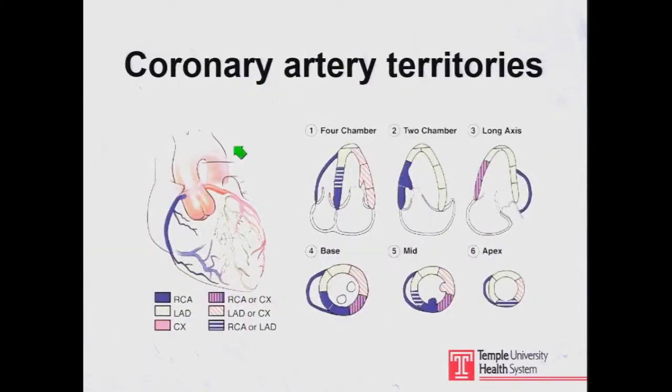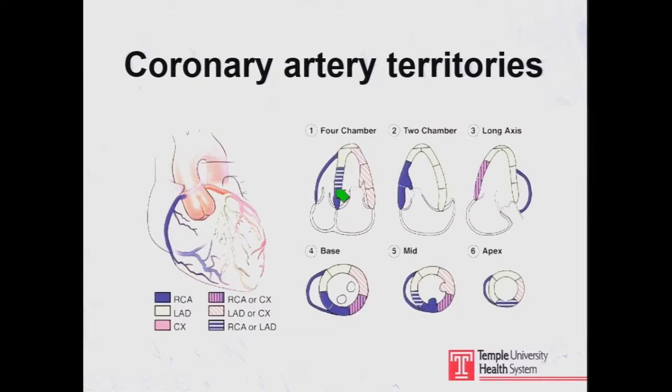This is in the chamber quantification document. You should know the coronary artery territories, and I hope it reproduced well enough. Certainly on the key drive it should, but you should know them. And the thing I like to point out is that the RCA supplies the inferior septum at the base.